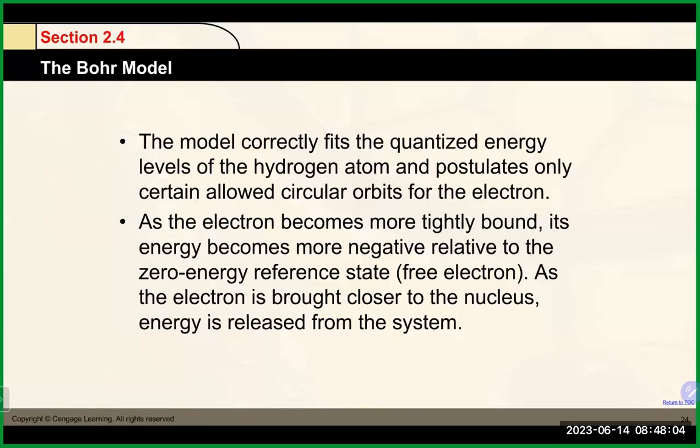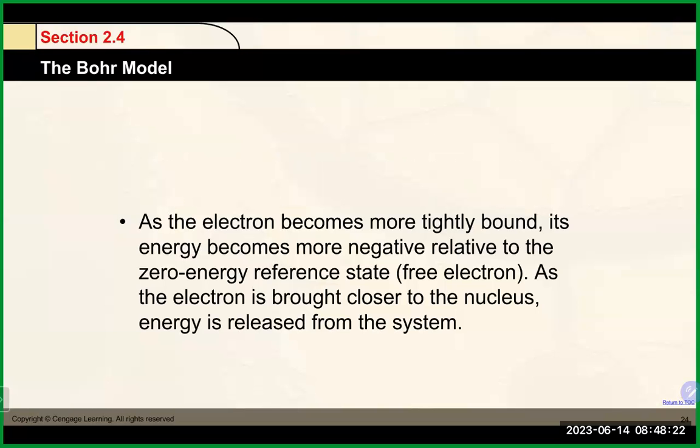As we release energy, everybody gets brought in closer. That's the normal attractive force. As we talked about, the nucleus is positively charged and electrons are negatively charged, so that attraction brings everybody closer to the nucleus.